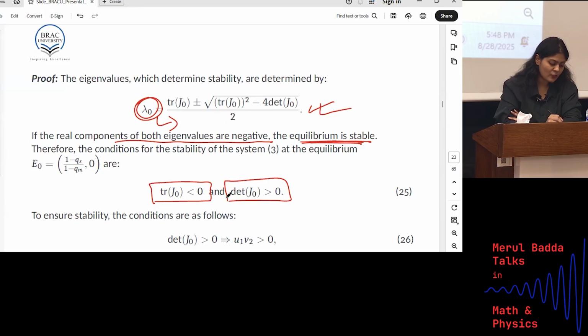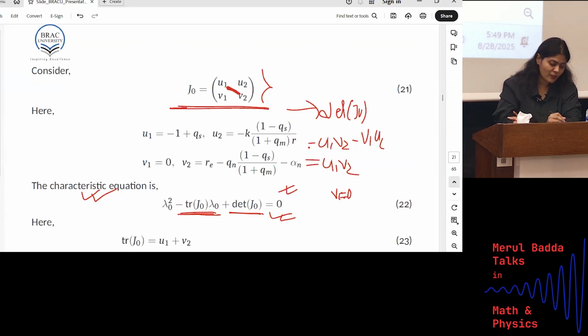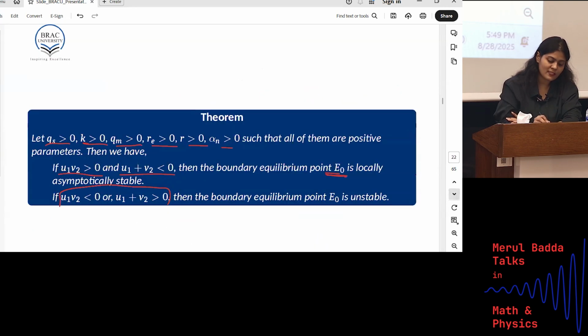So for this equilibrium point, this is our Jacobian matrix. We find the determinant is this. So u1 v1 greater than 0 for the stability, and for the trace u1 v2 less than 0. So we proved our two conditions for the stability of E naught.